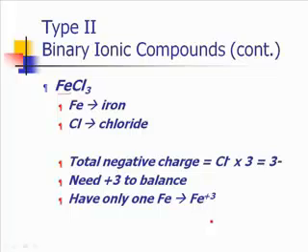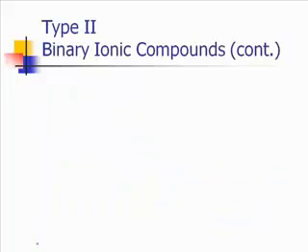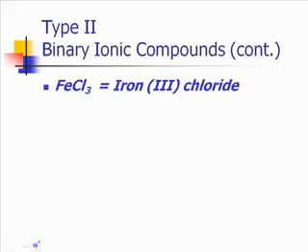So you're going to look at the formula as written, look at what the negative charge is, and then see what charge that metal has to have in order to fit that formula. And so we would name that iron Roman numeral 3 chloride. Now you could easily write the formula because you know that this is an iron with a +3 charge combined with a chloride ion.